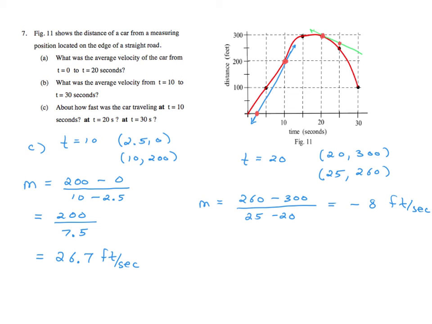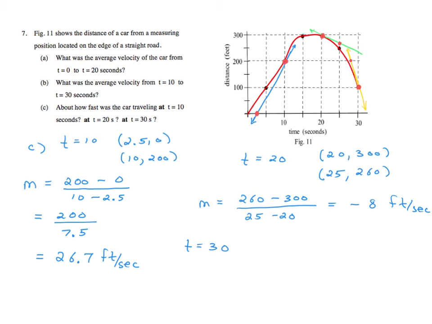For the final part, we want to figure out what is happening at t equals 30 seconds. So like what's happening here? Again, I'm going to try to draw a tangent line to the graph to see what we get. Okay, so this time, we have this spot here, and maybe this is my tangent line. If I'm using a couple of points, I think using the point (30, 100) is good.